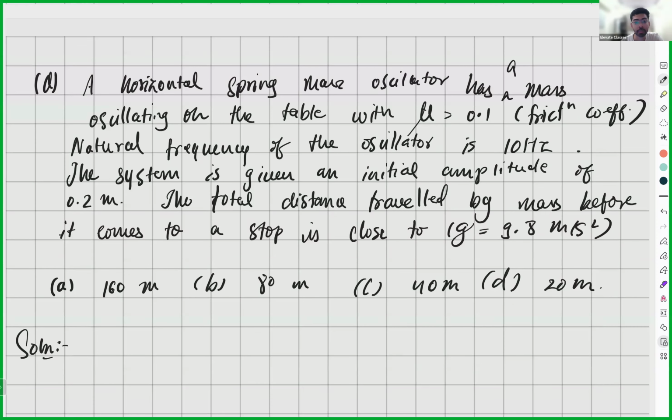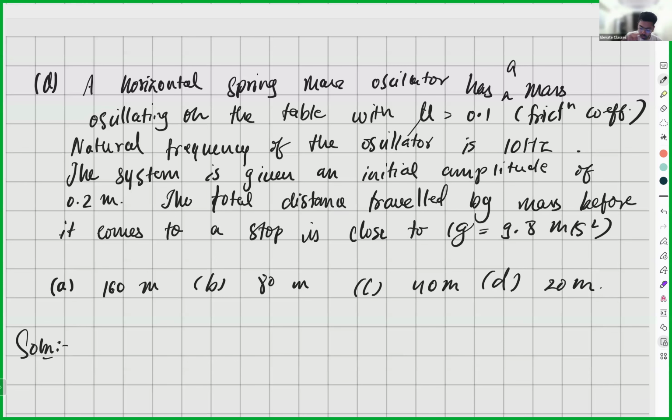Now you see there are dissipative forces in the system. So the system will come to a stop, which means the total energy will keep decreasing to a point where the kinetic energy goes to zero and it comes to a stop. Of course the potential energy will also decrease to zero because there is no displacement at the later stage.